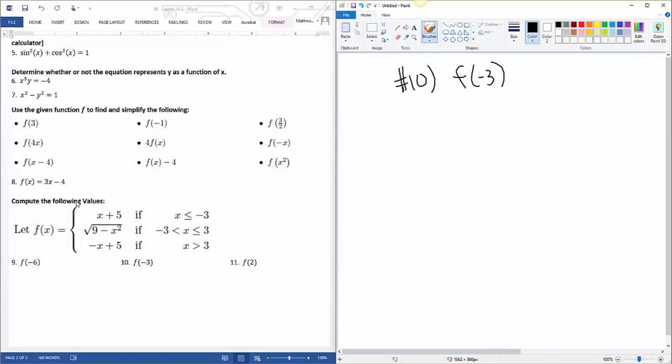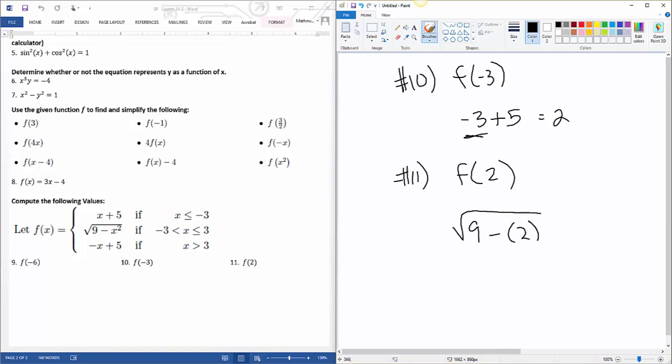So that means I have to plug -3 into my function, which is going to be 2. If I say number 11, f of 2, well, 2 exists between -3 and +3, so this is the function that I use. And so it's going to be the square root of 9 minus 2 squared, which is the square root of 5.